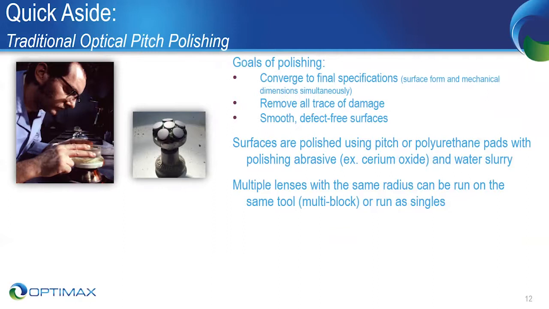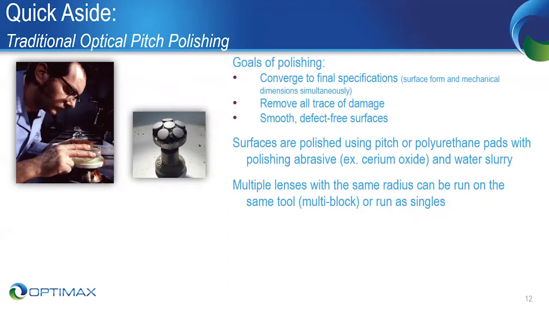And one of the nice things about traditional pitch polishing is that you're using pitch or polyurethane pads with your polishing abrasive, which is usually a cerium oxide and water slurry. And these pads are either full aperture or nearly full aperture. And so the patterns they're leaving behind are very long strokes, and they don't leave the periodic patterns that we typically associate with mid-spatial frequency errors.